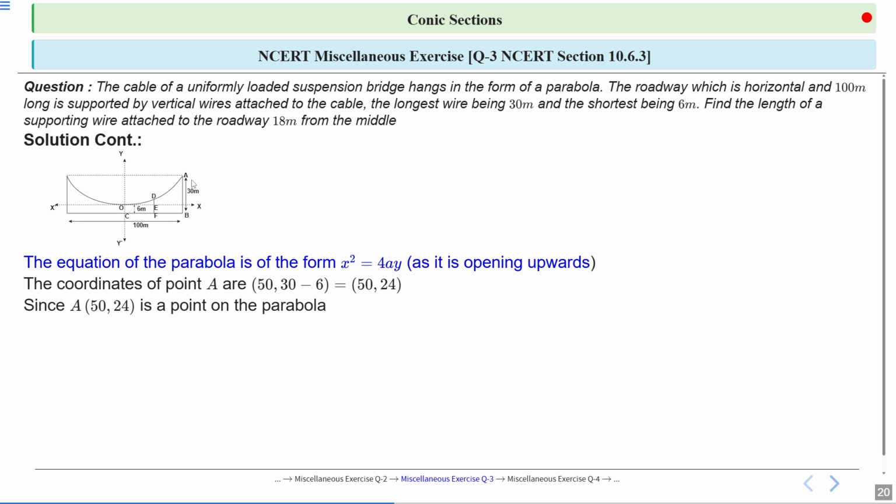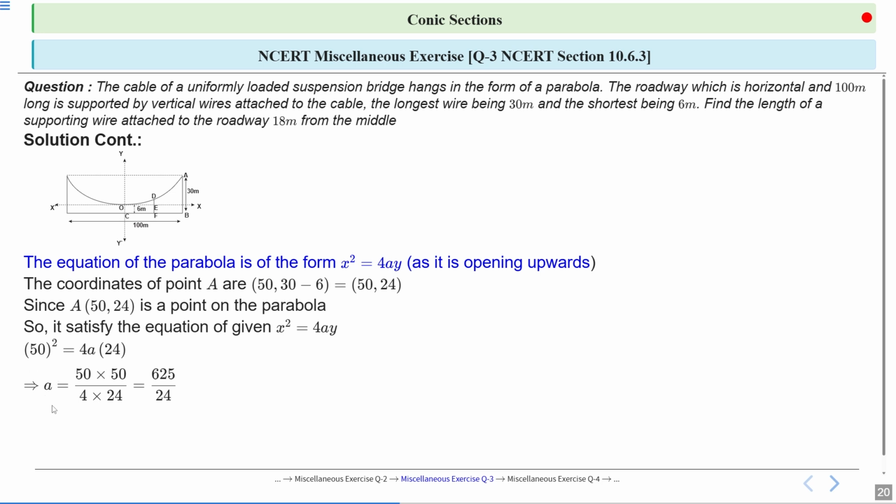Since the point A, 50, 24 is a point on the parabola, what can we say here? It satisfies the equation of the given parabola x square is equal to 4 times ay. So we will obtain 50 square is equal to 4 times a into 24.